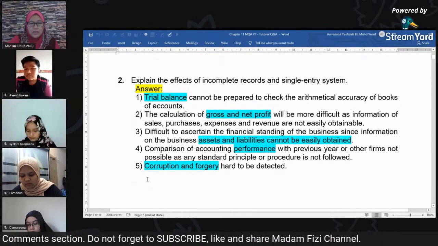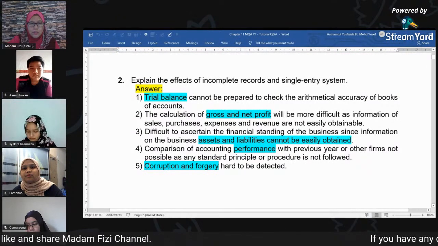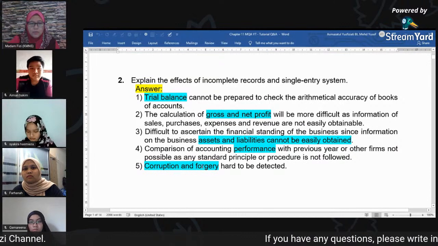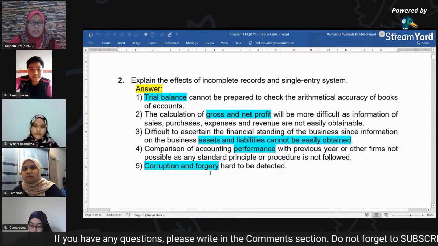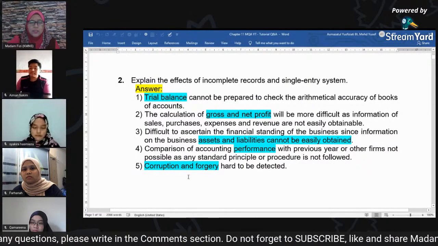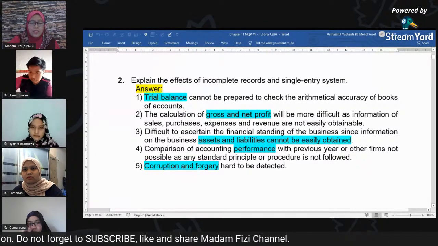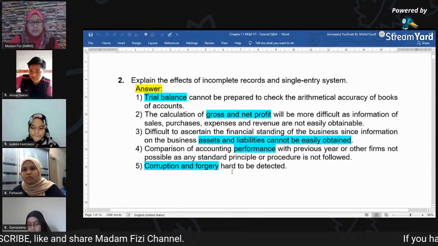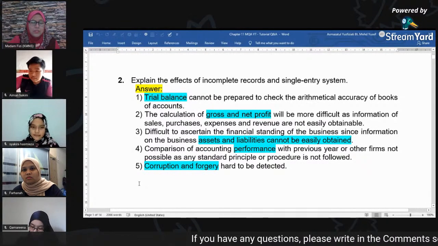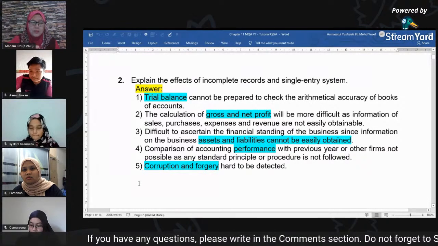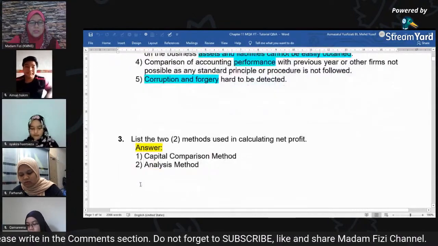And number 5 is corruption and forgery hard to be detected. Corruption is rasuah, forgery is pemalsuan atau penipuan. So if we use incomplete record or single entry system, corruption and forgery are hard to be detected. You can get this answer from my video or in our notes.